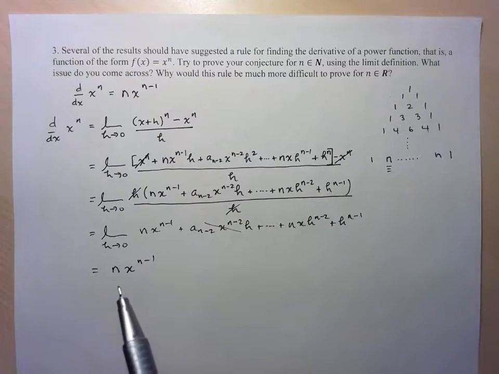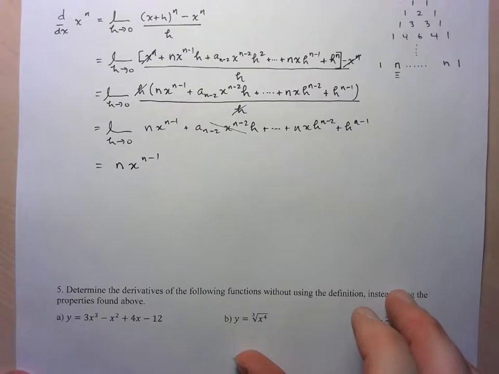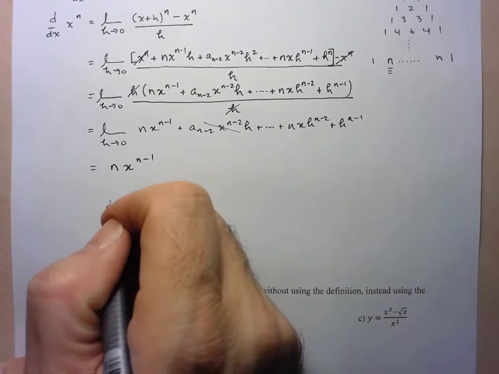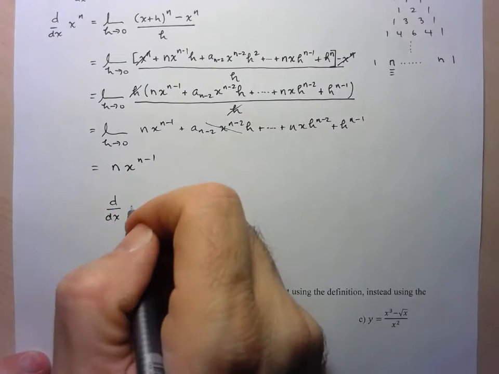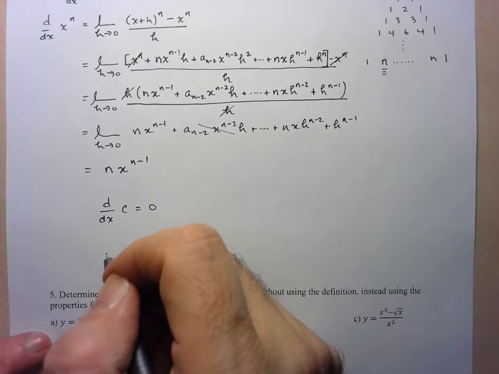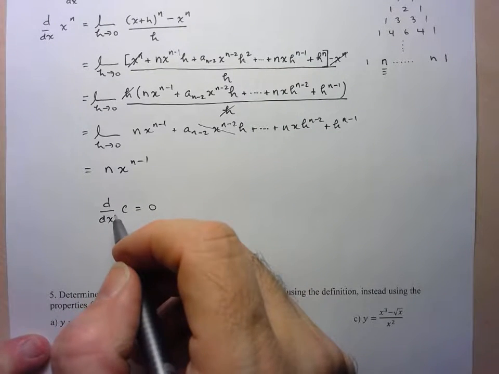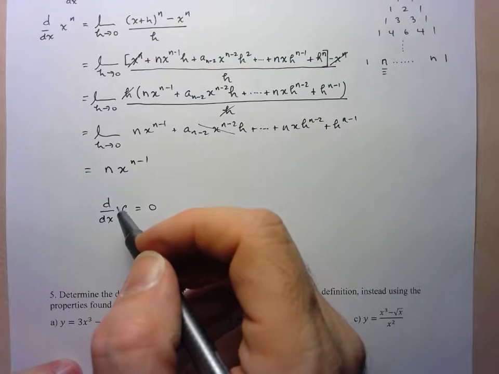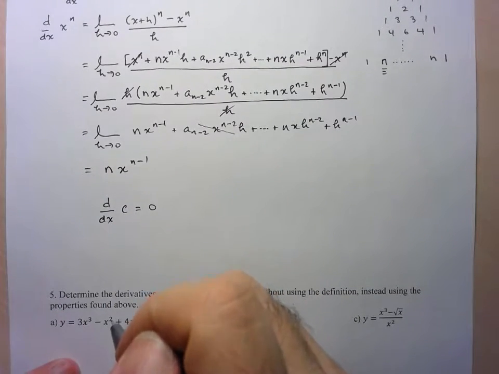All right. So let's just recap what we have now. We now have a rule for constants. So the derivative of any constant is always going to be equal to 0. You can easily prove that using the definition of the derivative, or you can just realize that this represents a horizontal line, so the rate of change is always the same.